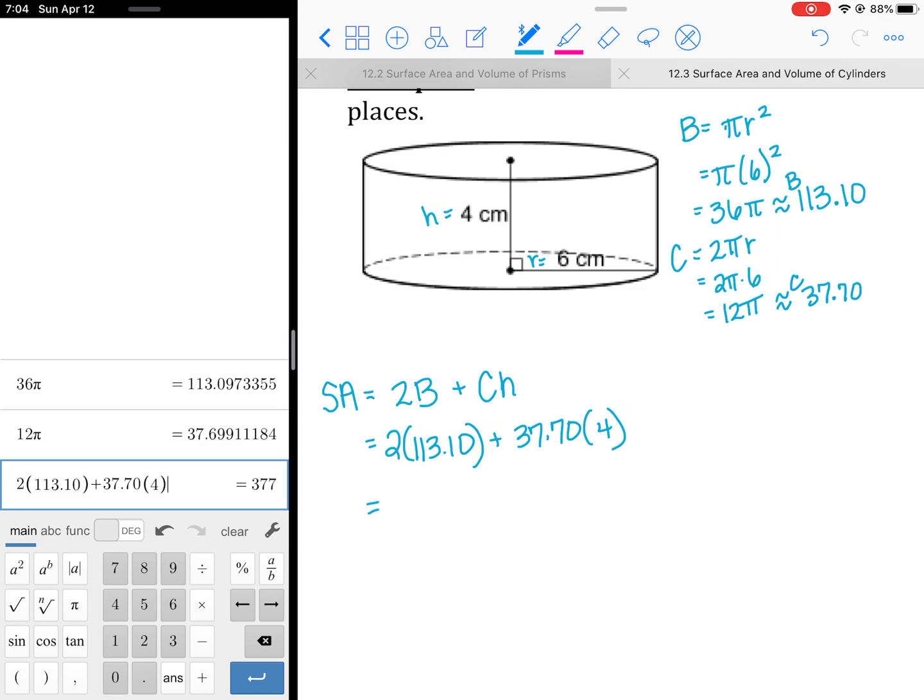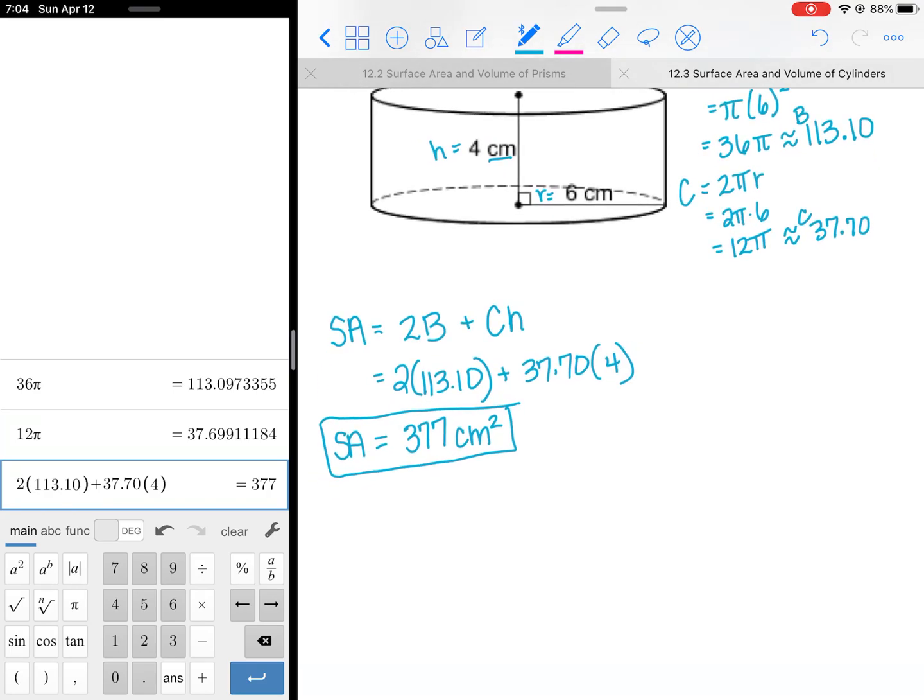All right, whenever I plug that in, I get an answer of 377. After multiplying, my decimals worked out and it came out as a whole number. So the surface area here, and remember that area is measured in square units. Since these are measured in centimeters, this will be square centimeters. So the surface area is 377 square centimeters.